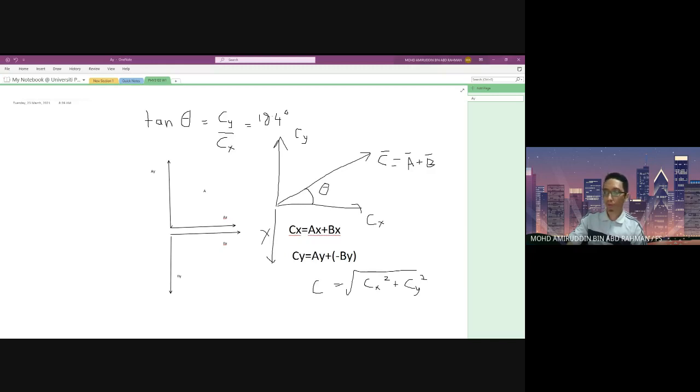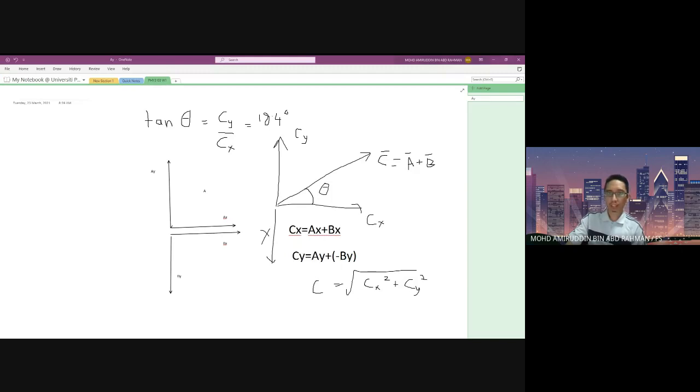We start with B. Is BX smaller than AX, or bigger than AX?